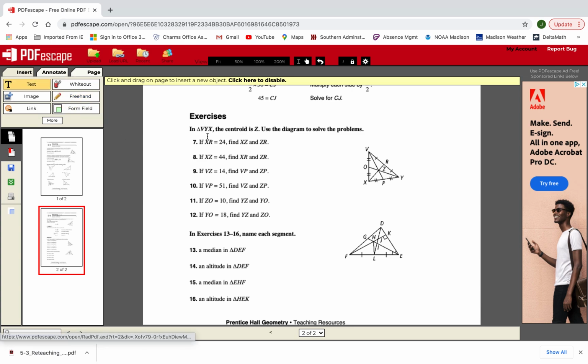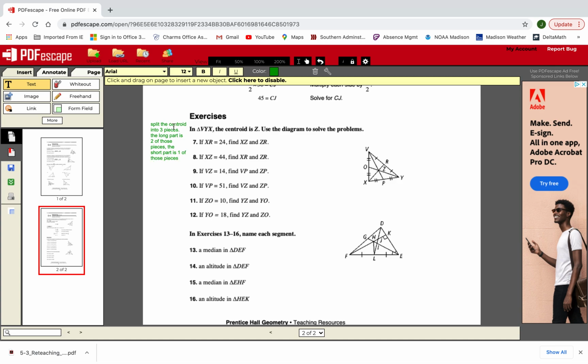So let's make some notes here. Split the centroid into 3 pieces. The long part is 2 of those pieces. The short part is 1 of those pieces.